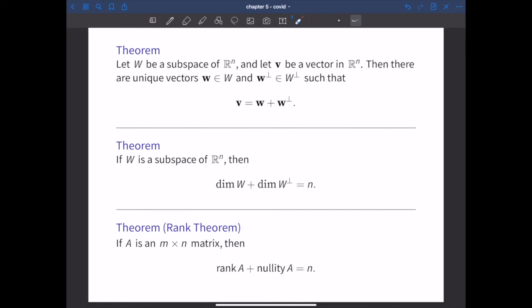We can use this theorem to reprove the rank theorem. So remember, if A is an m by n matrix, then the rank of A plus the nullity of A is equal to n. So let's think about why this is true in light of the things we have. Well, remember, the rank of a matrix A is just the dimension of the row space of A. Likewise, the nullity of A is just the dimension of the null space of A. Okay?